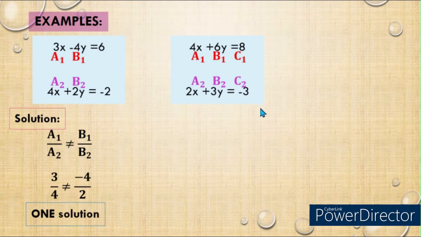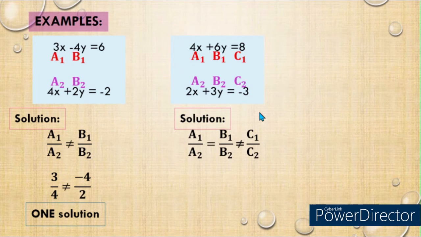Ma'am, bakit po yan yung ginamit po natin na solution? Okay, because the ratio of the numerical coefficients of the x term is equal to the ratio of the numerical coefficients of the y terms, but not equal to the ratio of the constants.